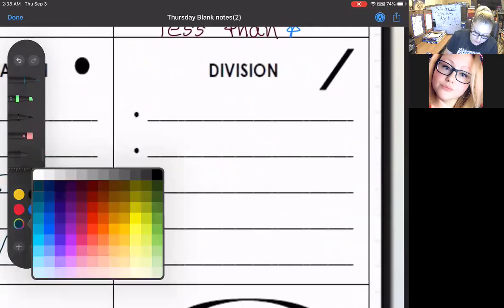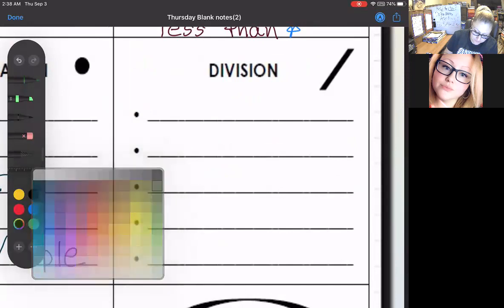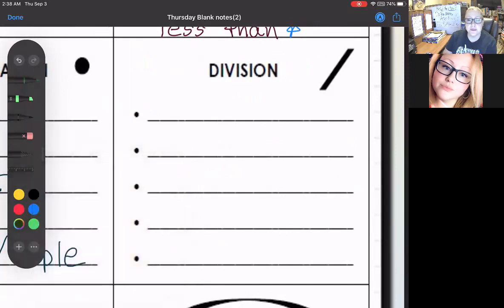So last up, division. Division can kind of be tricky, and the words that they use for division are tricky, okay? So definitely pay attention, because a lot of times they like to trick us up with division. So they use this word, quotient.